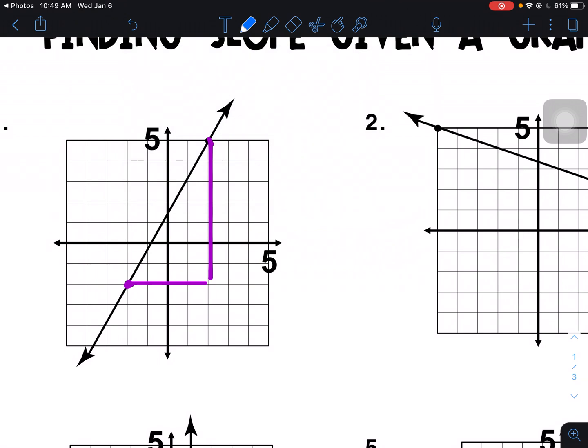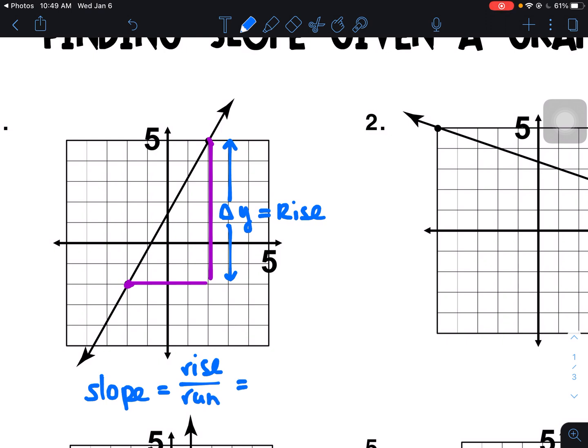Let's start by looking at our change in y, also known as how much we are rising. So slope equals rise over run equals change in y over change in x.